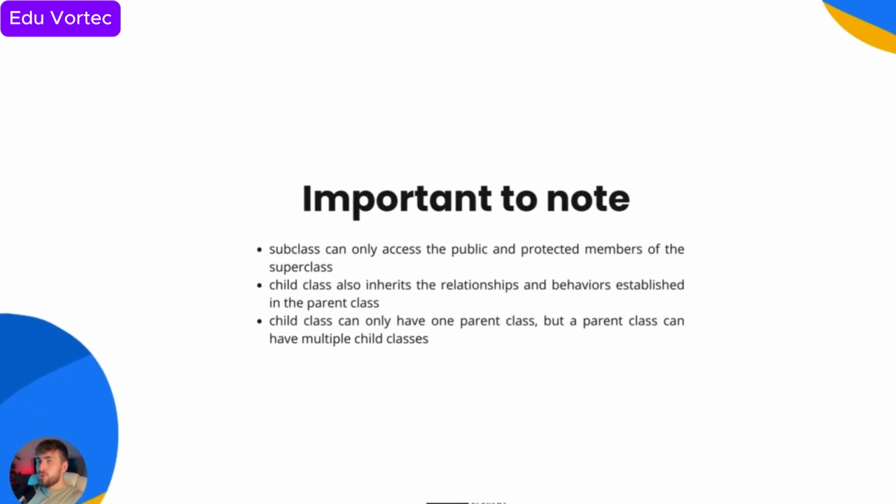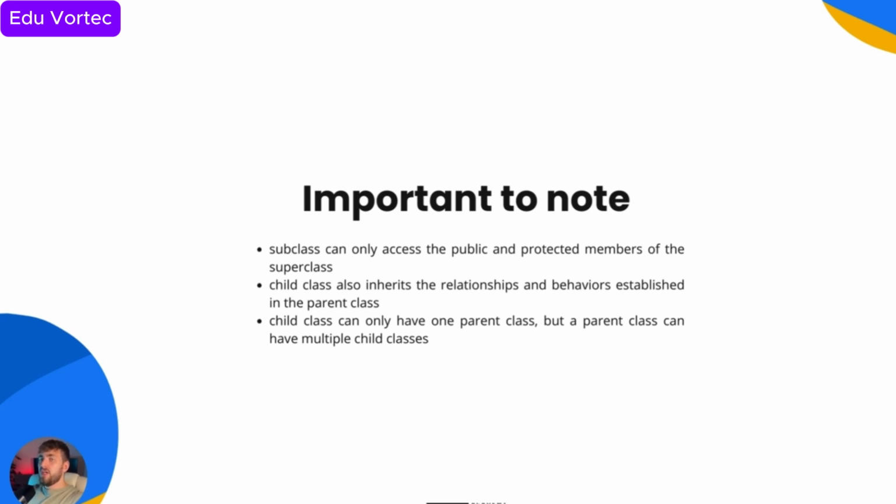It's important to note that the subclass can only access the public and protected members of the superclass. Private members are not accessible by the subclass. In addition to inheriting properties and methods, the child class also inherits the relationships and behaviors established in the parent class.